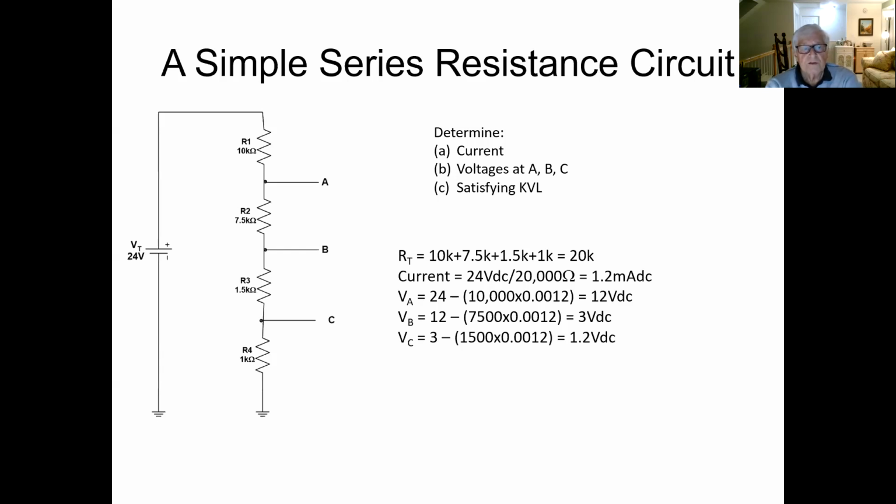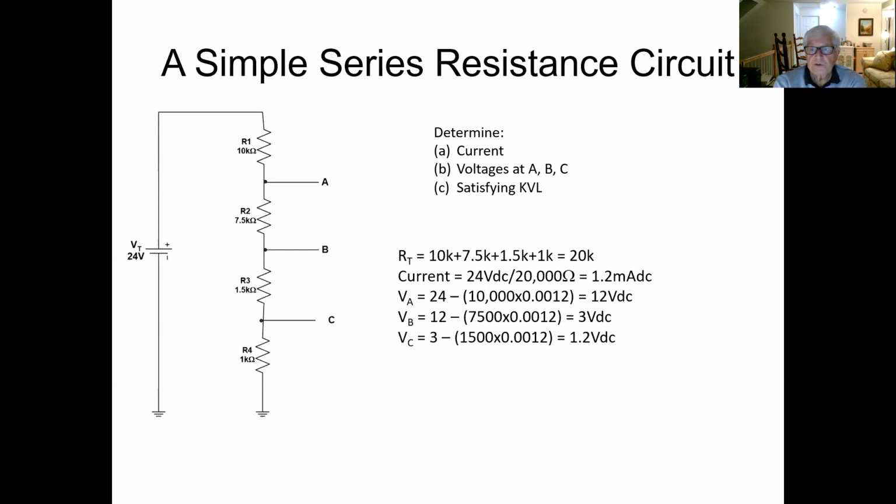To analyze the circuit, we could have different voltages at points A, B, and C, and other points as well. But just as an exercise, we can figure out what those voltages are at points A, B, and C. In order to do that, we have to determine what the current is.